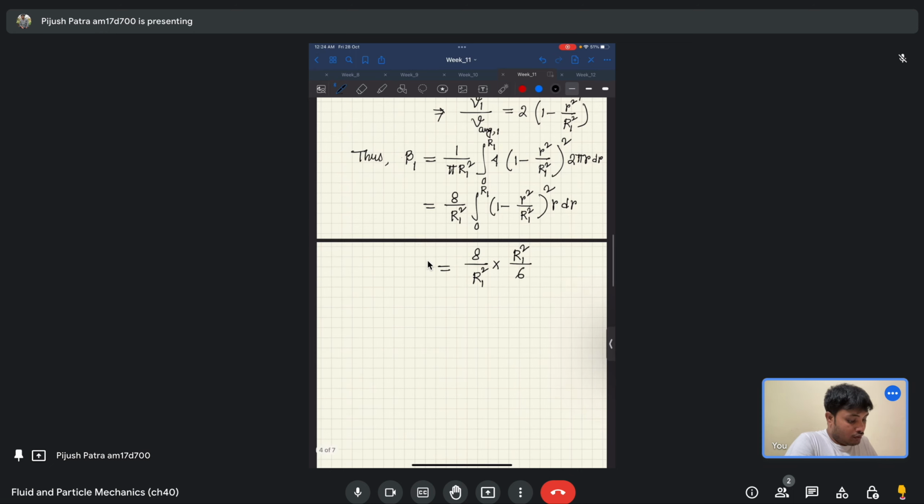So integration 0 to R1 of 1 minus small r square divided by capital R1 square, the whole square, r dr is equal to R1 square by 6.